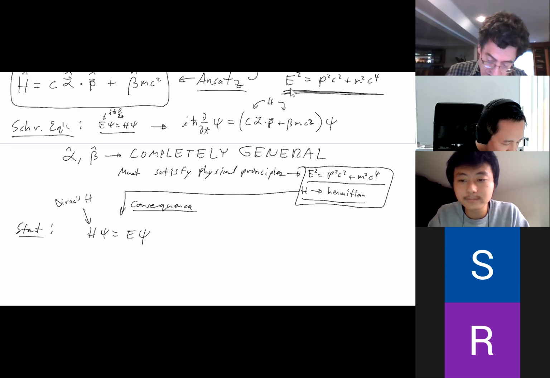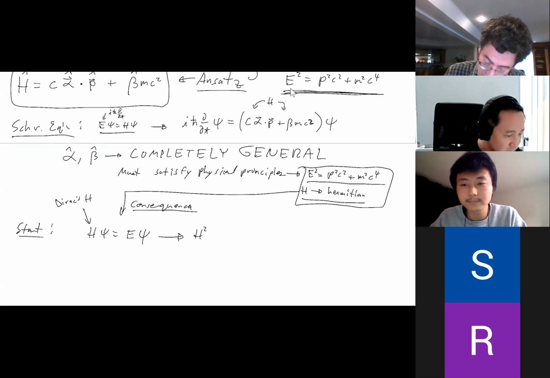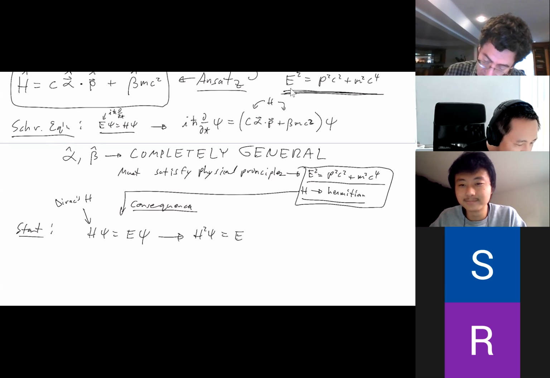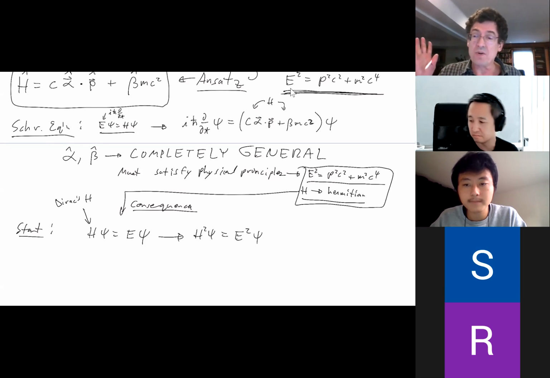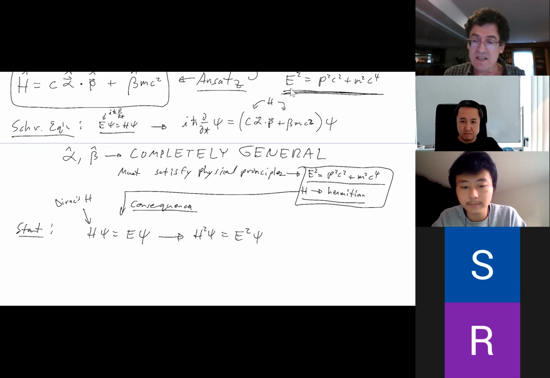Let's square it, because if I hit it by H again, then I should get H squared psi is equal to E squared psi. Does that seem reasonable? So we just hit it twice, and so we should get H squared. So if H psi equals E psi, then H squared psi is equal to E squared psi.